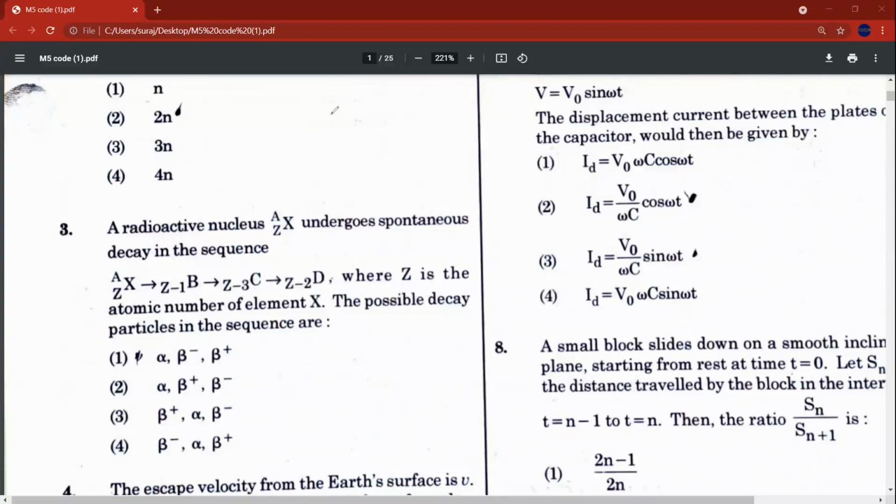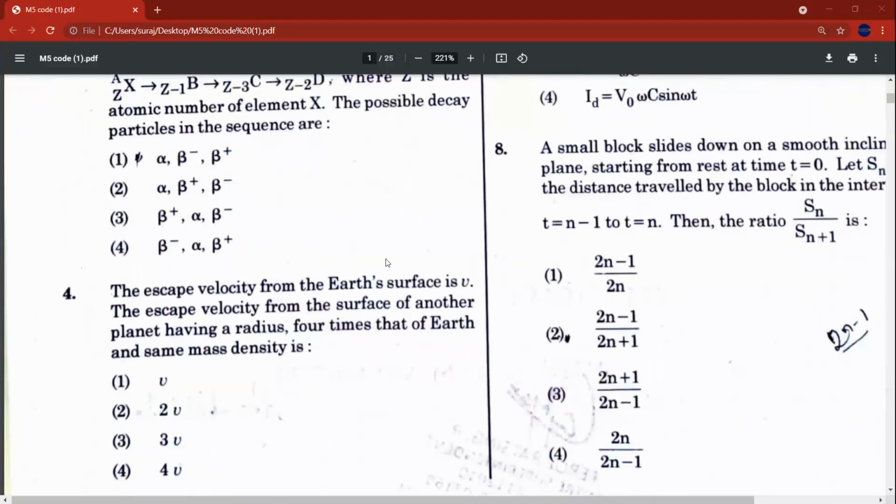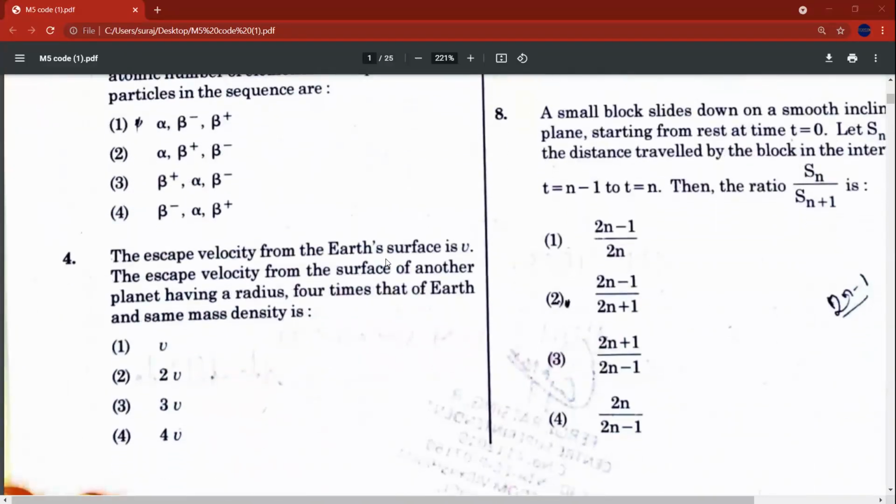Next, coming to question number 4. The escape velocity from the Earth's surface is v. Find the escape velocity from the surface of another planet having a radius 4 times that of Earth and the same mass density. Radius of the planet equals 4 times the radius of Earth.